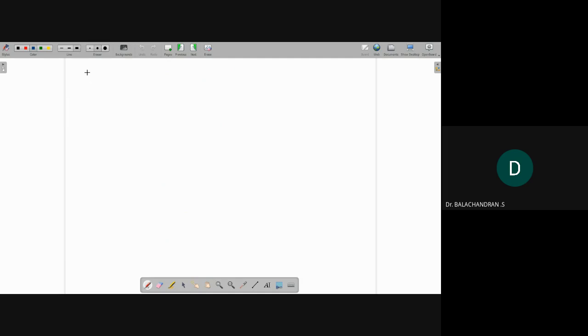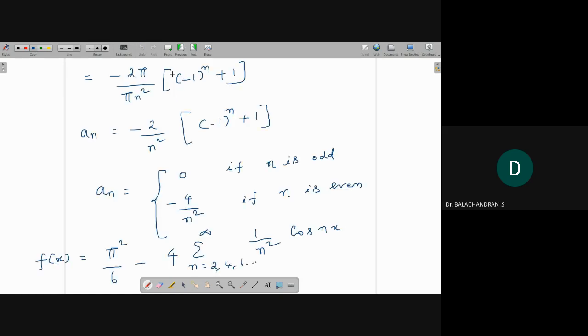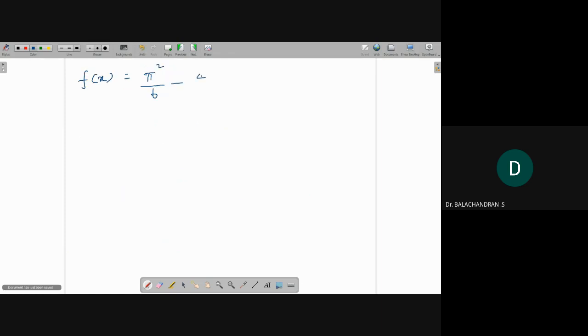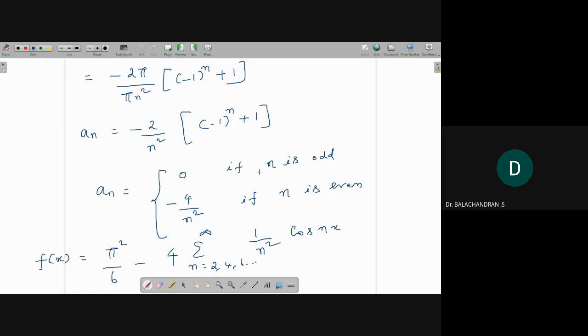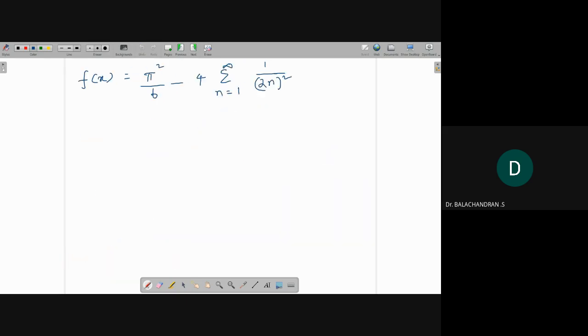So f of x is equal to pi square by 6 minus 4 into summation n equal to 1 to infinity 1 by 2n whole square into cos 2nx.